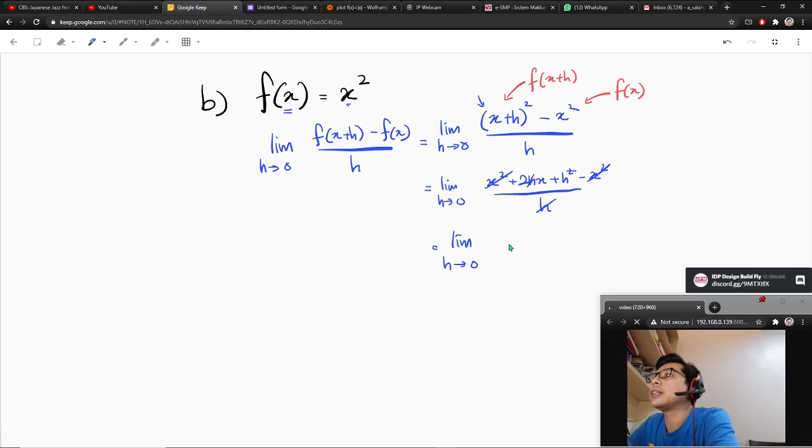What I have now is 2x plus h. So my complicated expression has been reduced to 2x plus h. Now I can see what happens when h gets really close to 0. If h is 0, it becomes 2x. That is my answer.